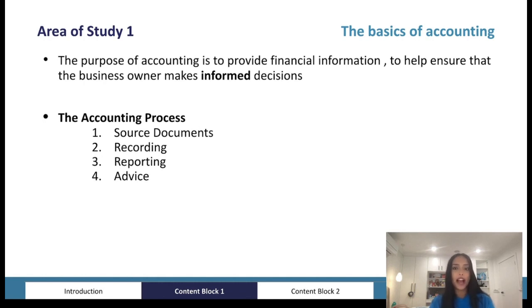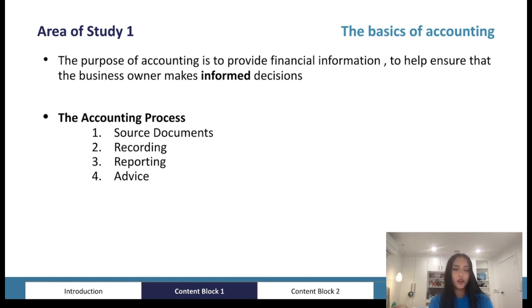So when we go back to the basics of accounting, the entire purpose of accounting, the whole reason that accounting exists, is the role of the accountant is to provide financial information to the business owner, to whoever owns the business, so that the owner can make informed business decisions about their business. And in this course, VCE Accounting Units 3 and 4, we primarily focus on smaller businesses.